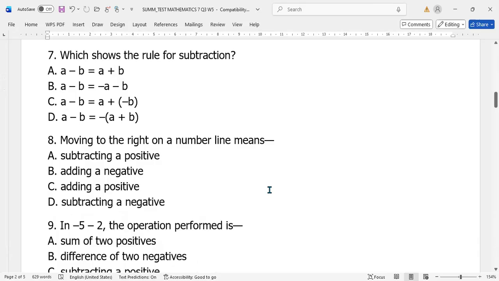Okay, which shows the rule of subtraction. For our rule of subtraction, subtraction is the inverse of addition. Okay, so we have to copy, change, and flip. Okay, so we have here a minus b, that will be a plus b.